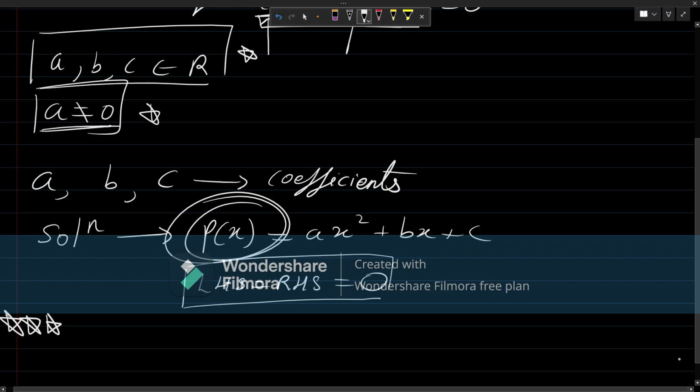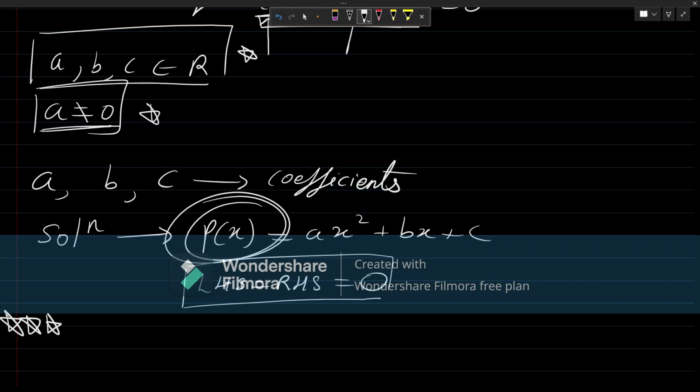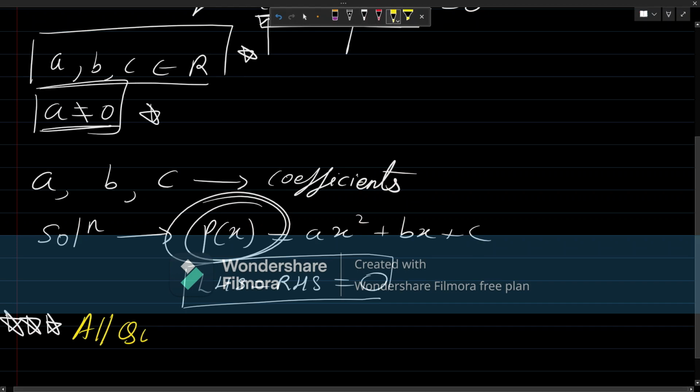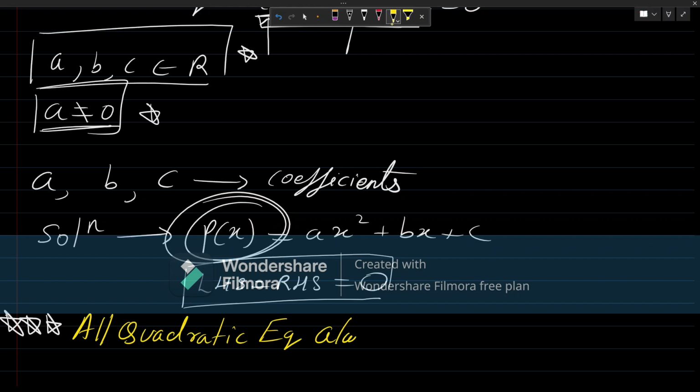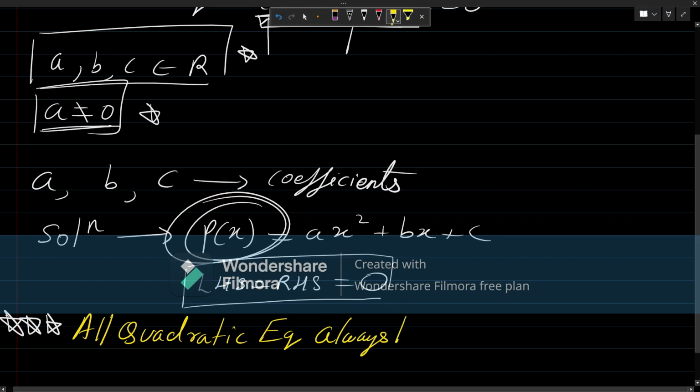All quadratic equations always have only two roots.